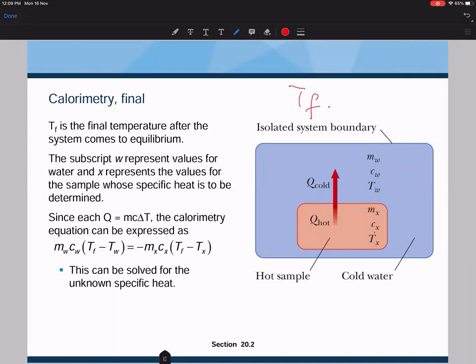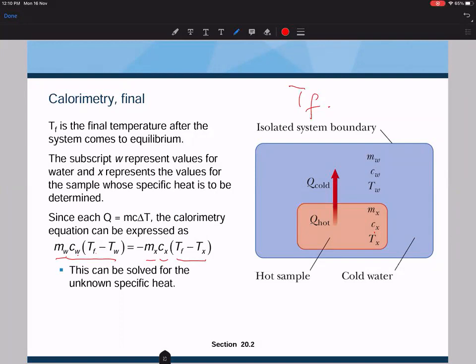And from that, you could write down the equation for the transfer of heat energy from one side to the other. For the cold side, the heat energy gained is M_W C_W (T_F minus T_W). The hot side, on the other hand, has M_x C_x (T_F minus T_x). Remember, T_F should be lower than T_x because T_x refers to the temperature of the hot sample.